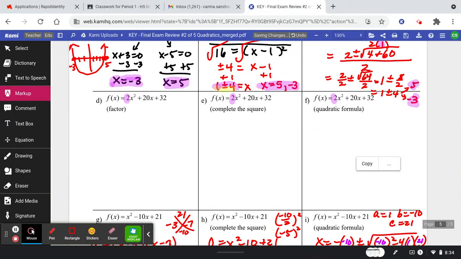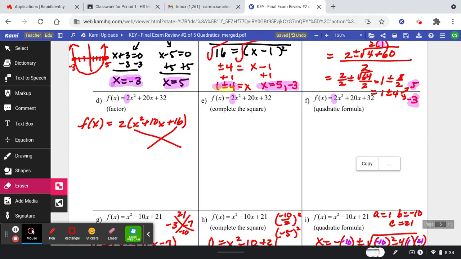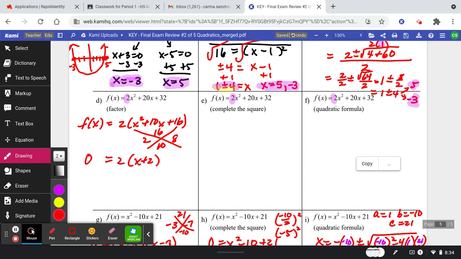Okay, with a coefficient in front, it means we're going to have a greatest common factor this time. So a 2 divides out, leaving me x squared plus 10x plus 16 right there. And now I do the x on this. What times what makes 16 and adds up to 10? And that's my 2 and my 8. So 0 is equal to x plus 2, x plus 8.